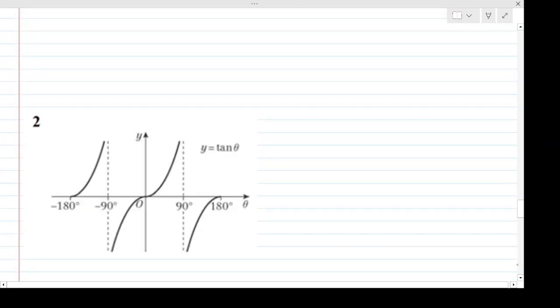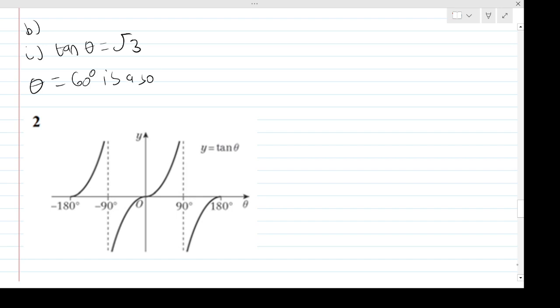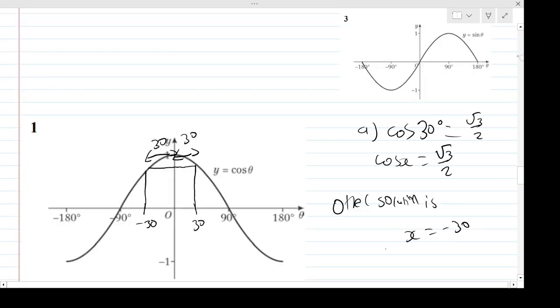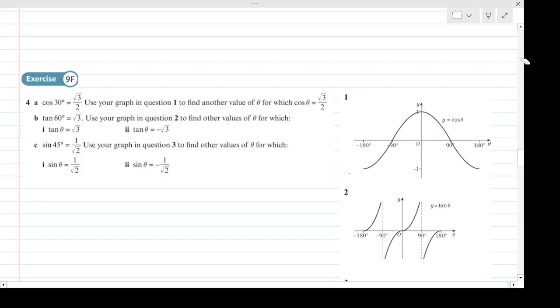So firstly we need to find tan theta is root 3, but we've already provided that theta is 60 is a solution, right? We were told that in the question. Again, because they told me that tan 60 is indeed this. So we've got one solution already.